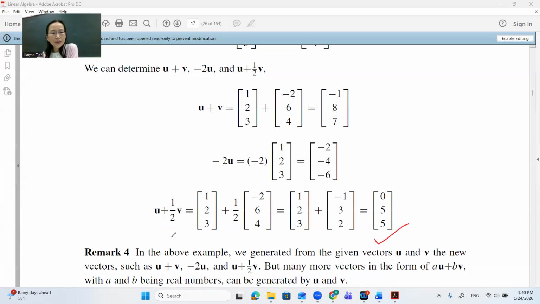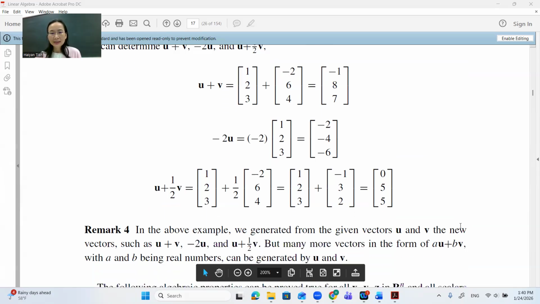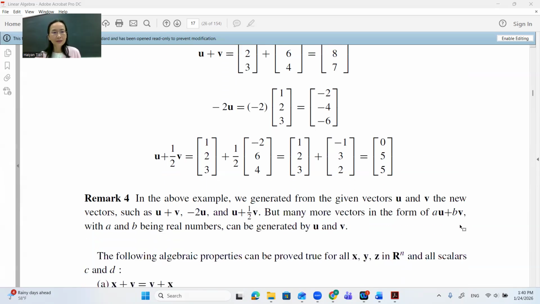So far, we worked with vectors in R2 and vectors in R3 to show that we can extend the definition, and we have already extended the definition to sum and scalar multiple in Rn here.